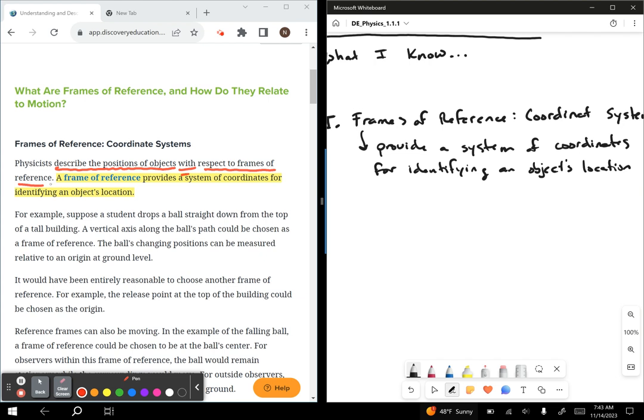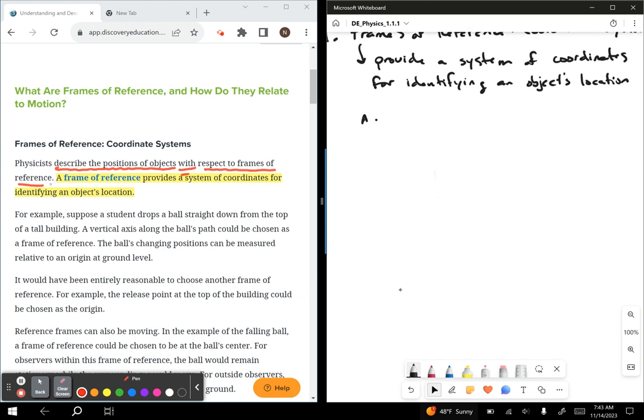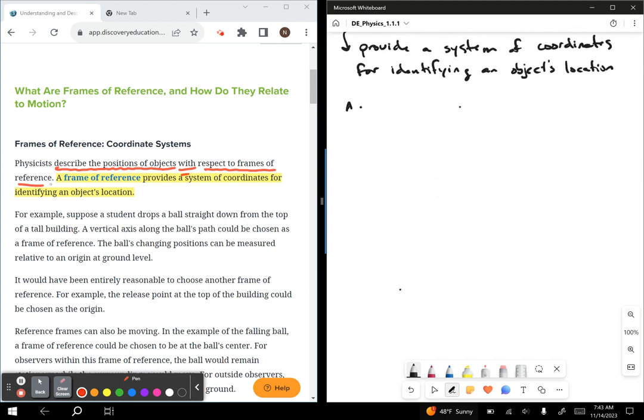So you may remember here, if I were to draw a coordinate system, you could have a y-axis, right? Oftentimes we call this your y-axis.